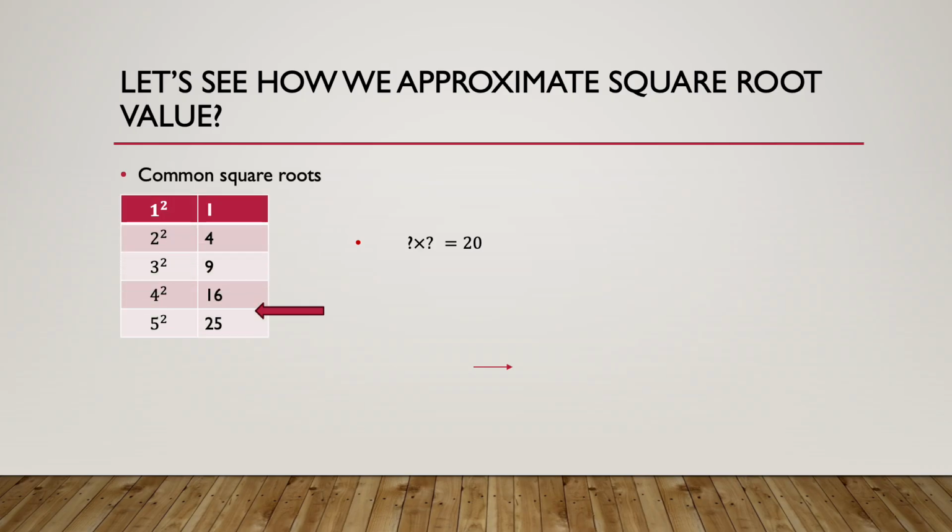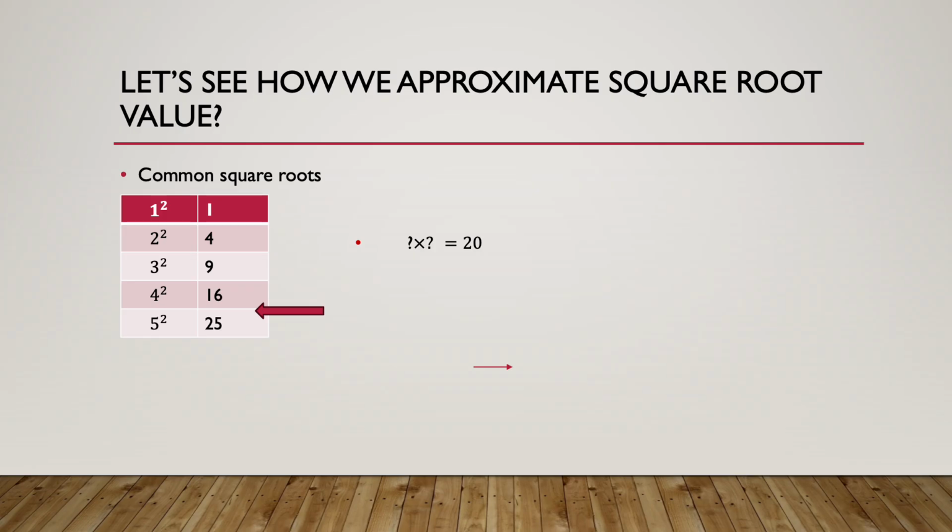Normally in this chart you can see the numbers and the common square roots. It is easy when you multiply the number by itself. I'm going one by one so you guys don't get confused.